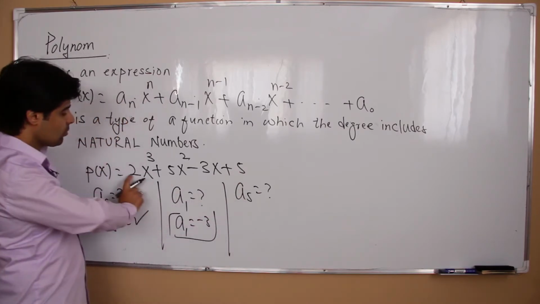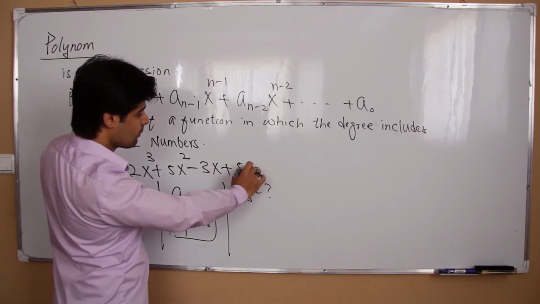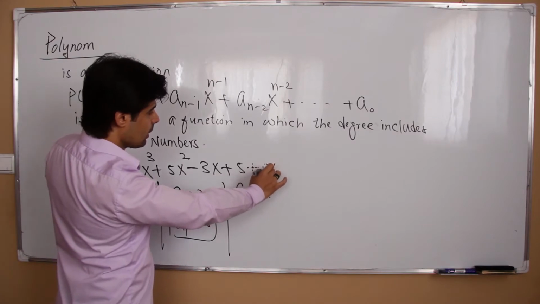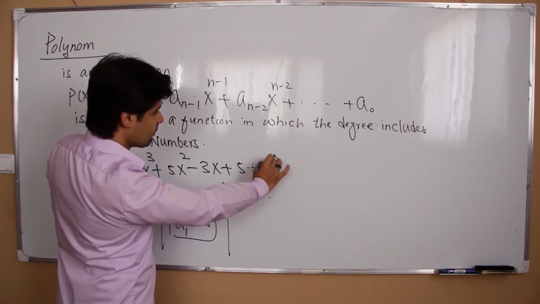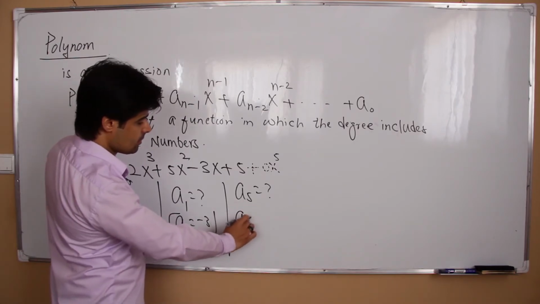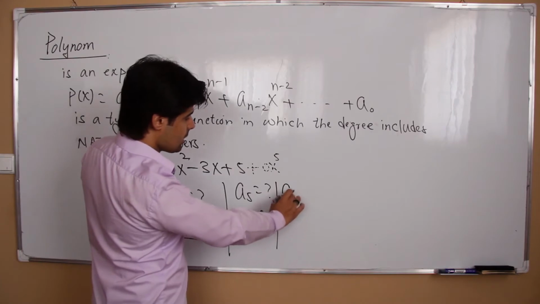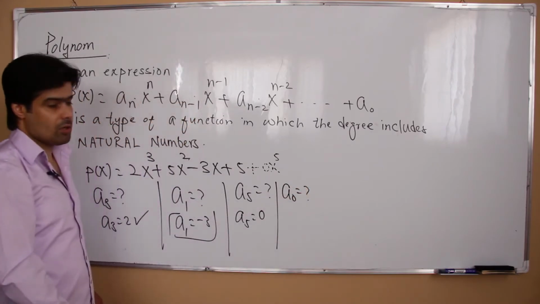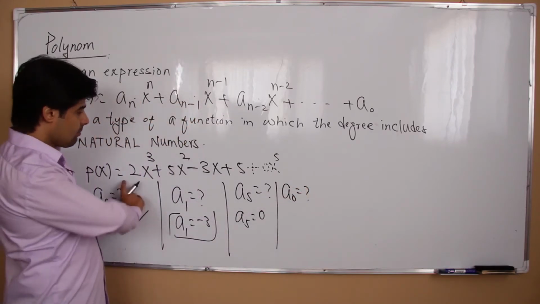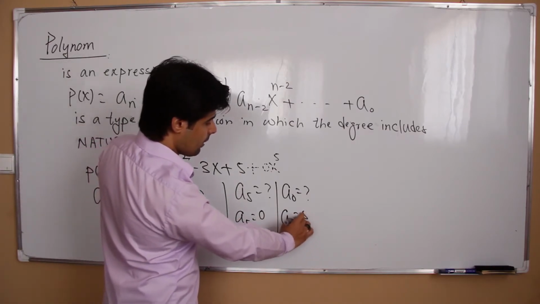In here we don't have any degree of 5, but I can write, for example, 0x to the power 5. It means a5 is 0. But if I ask you where is a0, a0 means the constant number. The constant number is 5. So we can say a0 is 5.